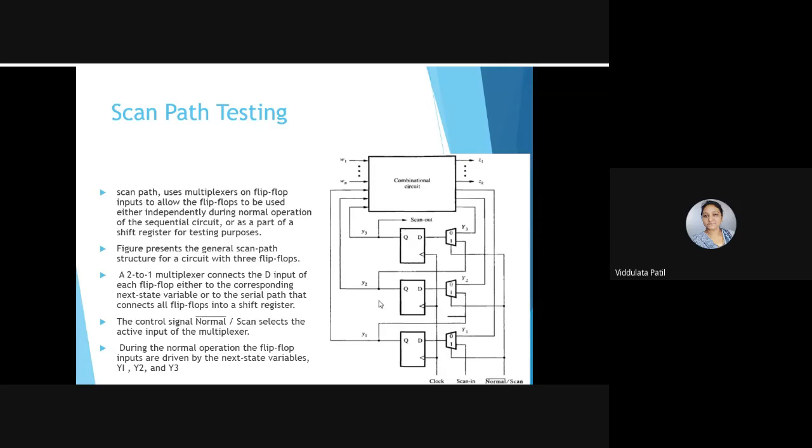Now here at the input of these flip-flops we are using these multiplexers. So what these multiplexers are doing, these multiplexers will select any one of the inputs which is present at the inputs of these multiplexers, which will be present at the inputs of the flip-flop. Okay. Now, who is going to decide which input should be present at the D flip-flop?